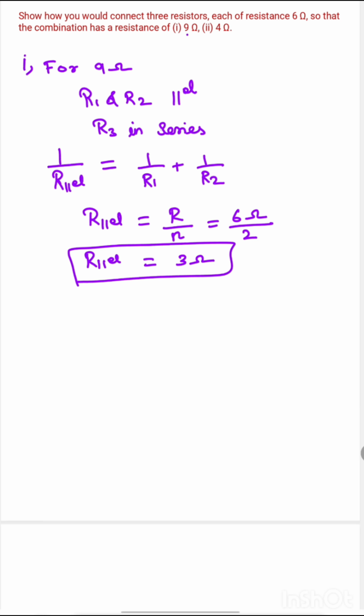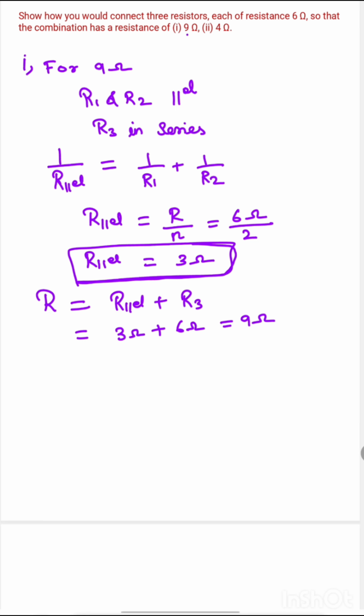Now R3 is connected in series. So we have to find the total resistance. This is the resistance value of the parallel combination, and R3 is connected in series, so we have to add this resistance. So R parallel plus R3, where R parallel is 3 ohm and R3 is 6 ohm, is equal to 9 ohm.